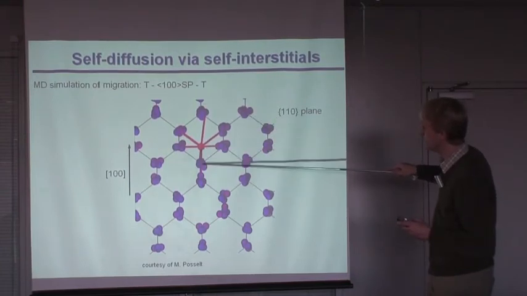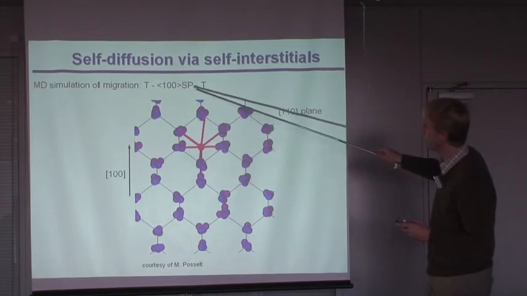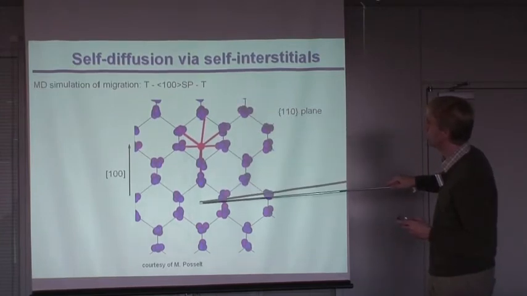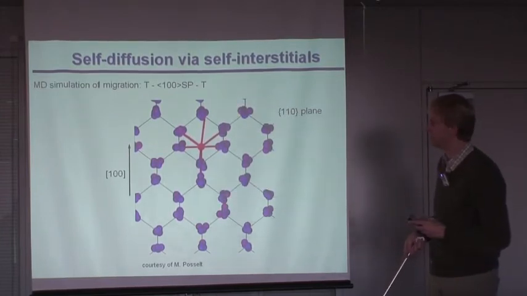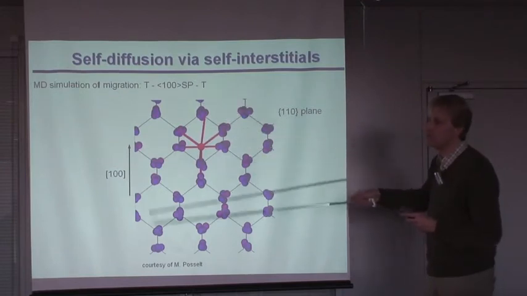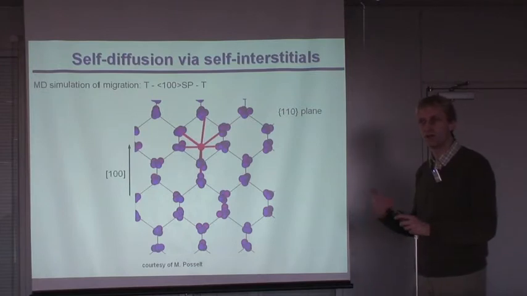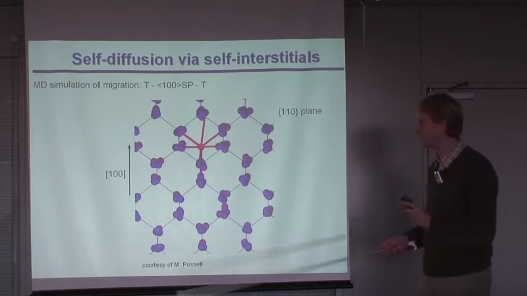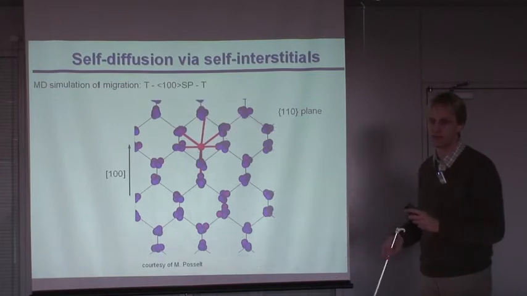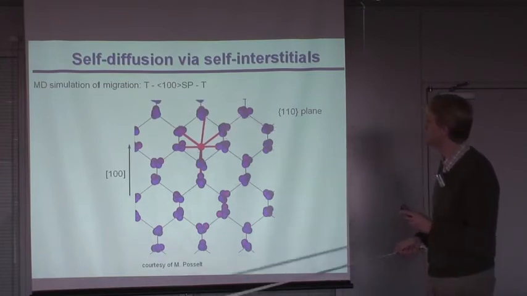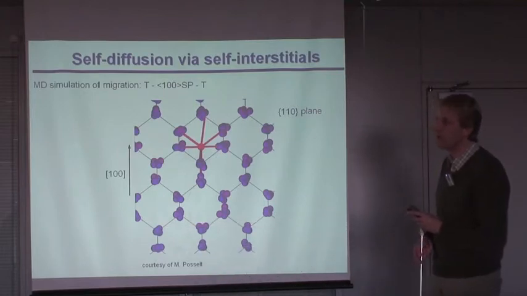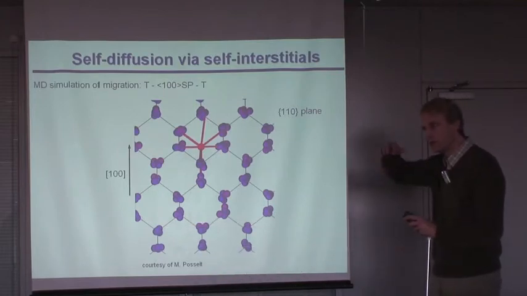So here a split interstitial will be formed first, and then it will go to the next tetrahedral position. So you see here already a sequence of how the movement of such a tetrahedral interstitial will take place in the self-diffusion. But just for this species here, as I mentioned, there can also be a hexagonal interstitial and also a dumbbell, and they have a different migration scheme.